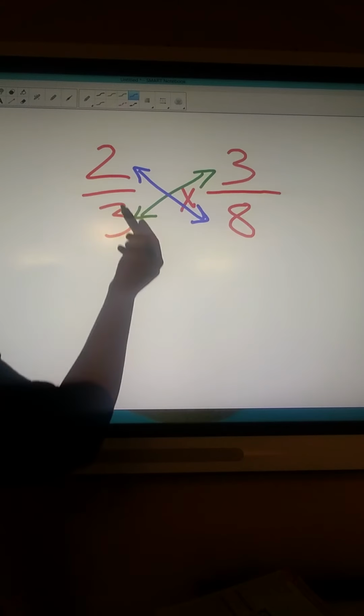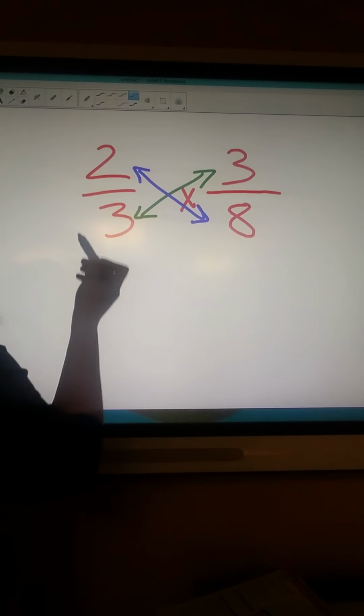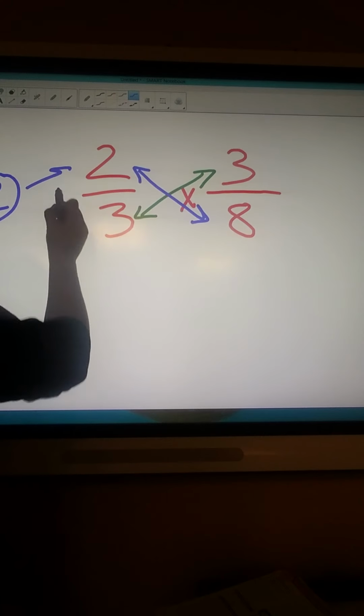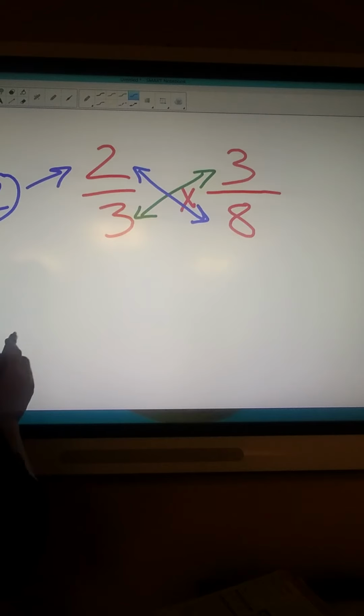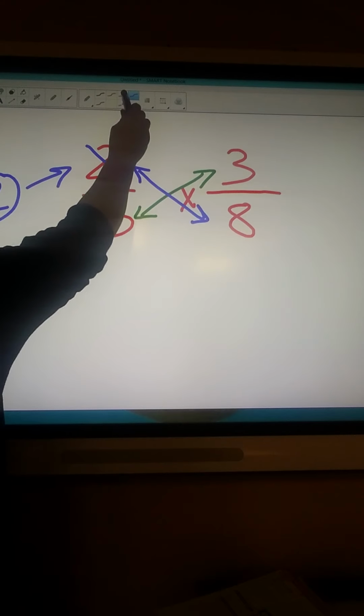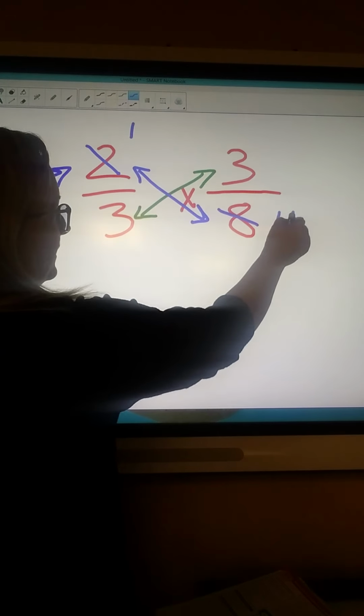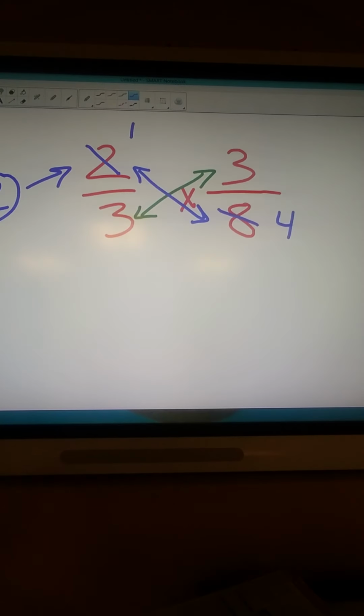So if I was going to reduce both these numbers by 2, that's the one I'm going to choose, 2, okay? So that means 2 goes into 2 one time. 2 goes into 8 4 times. So I reduced those numbers down, going by their greatest common factor.